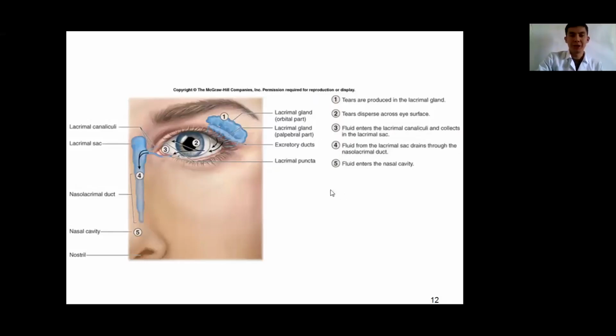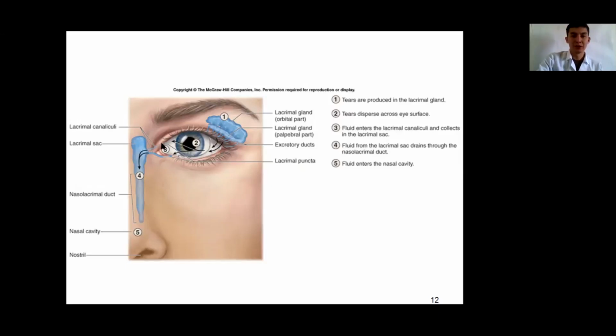In this presented diagram, you see the direction of tear flow. Tears produced in the lacrimal gland disperse across the eye surface, and fluid enters the lacrimal canaliculi through the lacrimal puncta, or openings, present in the upper and lower eyelid at the medial angle.